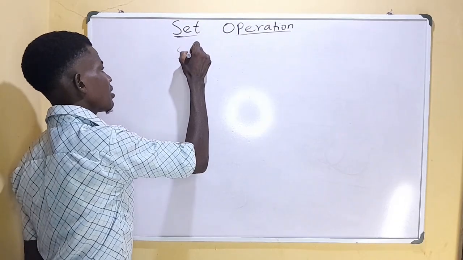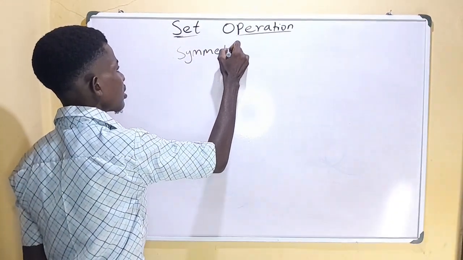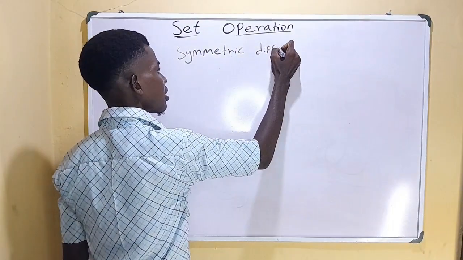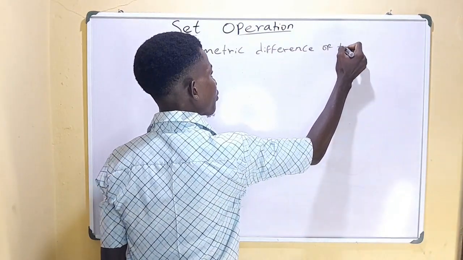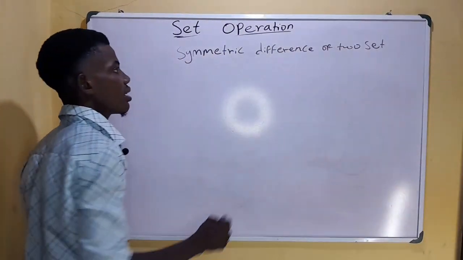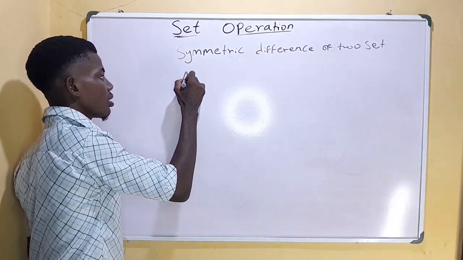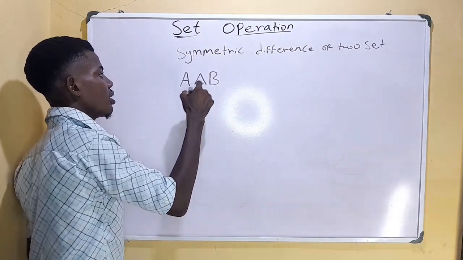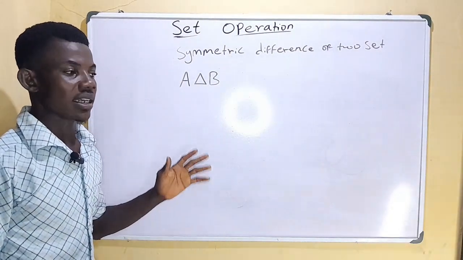Another one is the symmetric difference of two sets. We use this to denote it. This is the sign of symmetric difference.